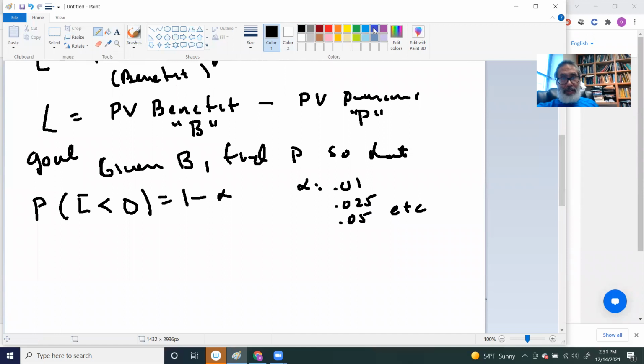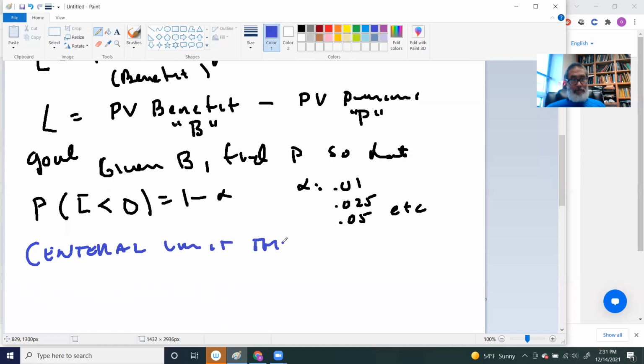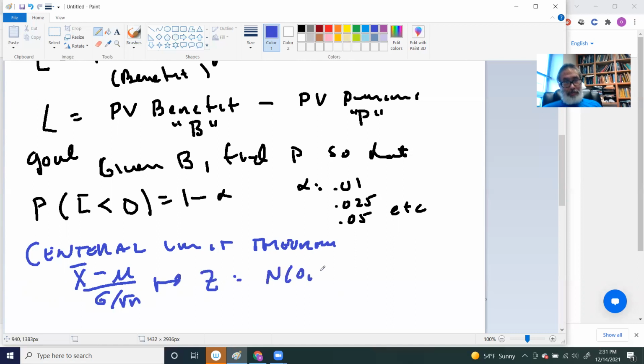Now, the problem here is that the distributions for these variables can be kind of gnarly, but we do have the central limit theorem. Which assumes that if you have these independent random variables and you take their average, then the random variable X bar minus mu, the mean, divided by sigma over the square root of n, approaches standard normal as n goes to infinity.